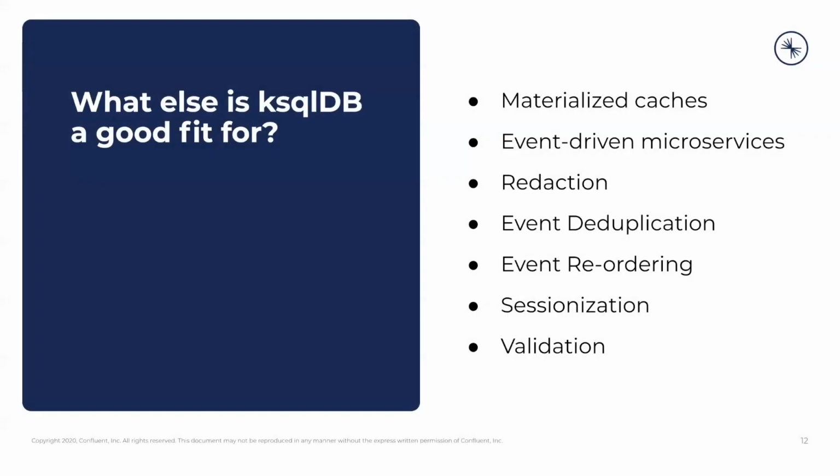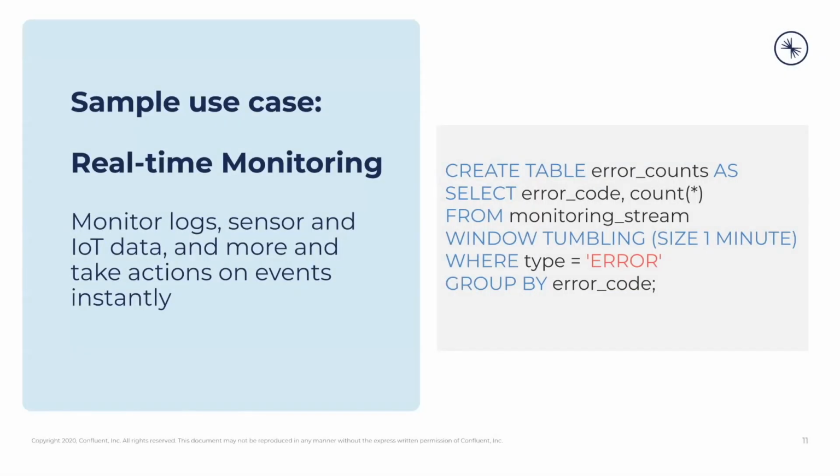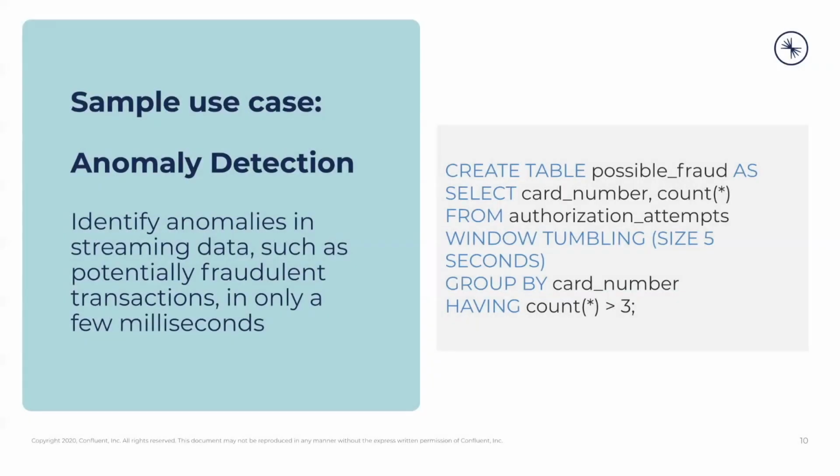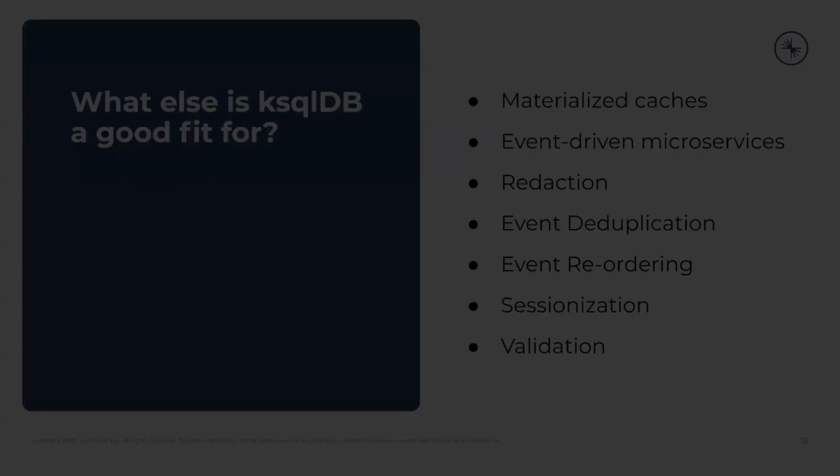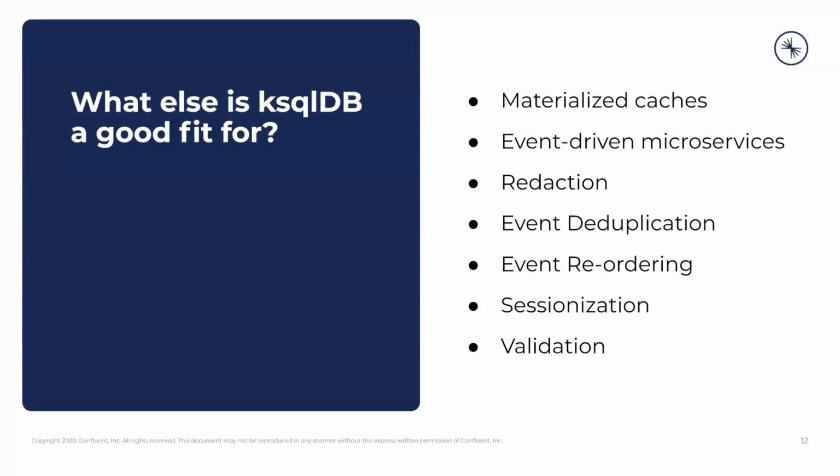KSQLDB is really good at materializing your stateful processing in a key value cache. So the table that I created earlier, called error counts, or here called possible fraud, is actually a materialized key value store. KSQLDB will also let you do what's called a pull query.